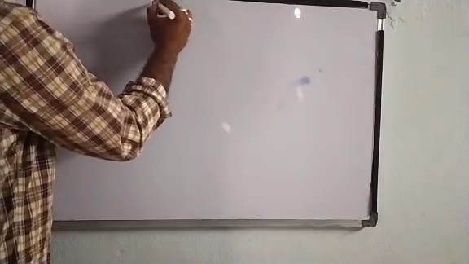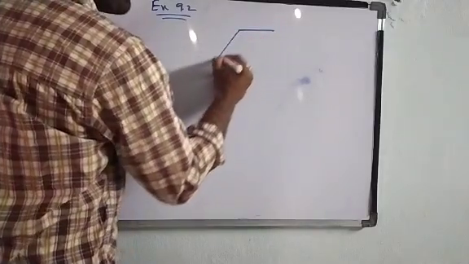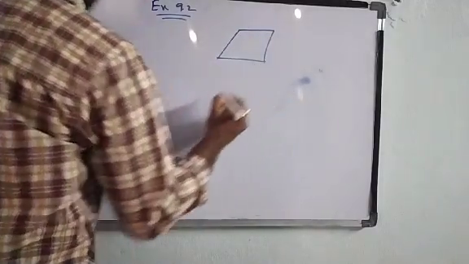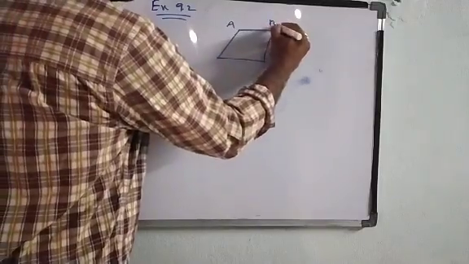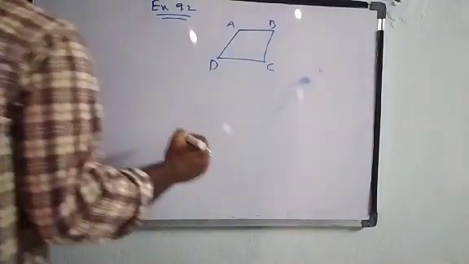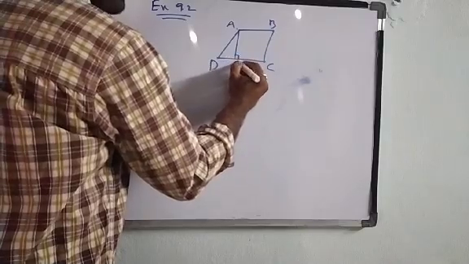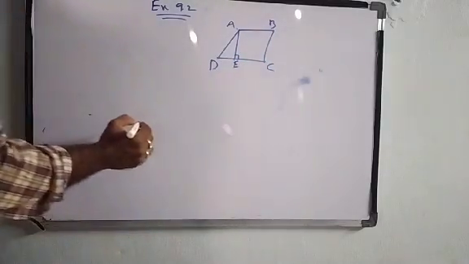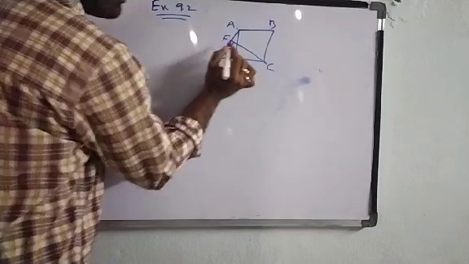Okay, let us take the first question in exercise 9.2. So the question, let us draw the figure. So it is ABCD parallelogram and the perpendicular here is AE and CF is the other perpendicular.